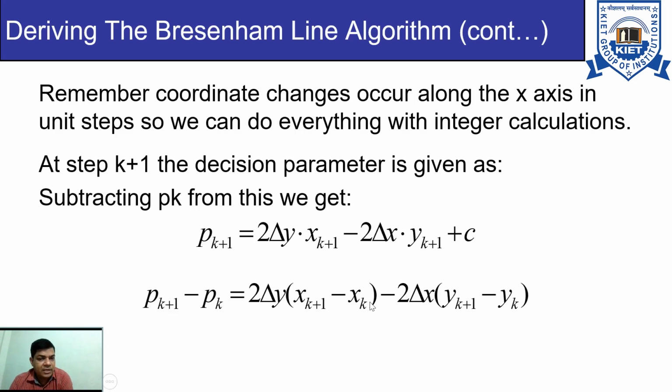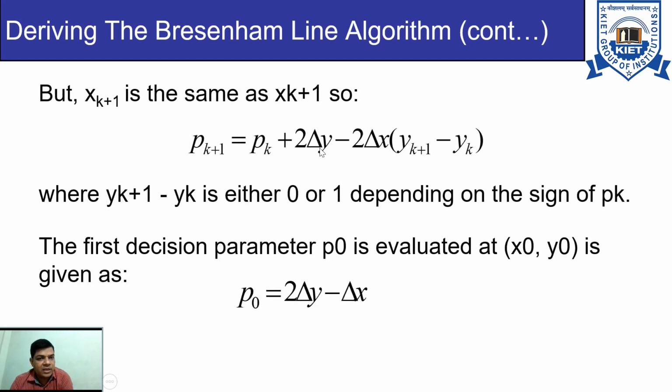We know that we are moving across the x-axis, so whenever you take the difference of these two quantities, you will get 1, and you have to substitute this value here. So finally, as an equation, we get pk plus 1 equals pk plus 2 delta y minus 2 delta x times yk plus 1 minus yk.